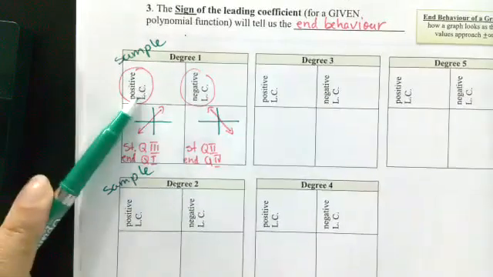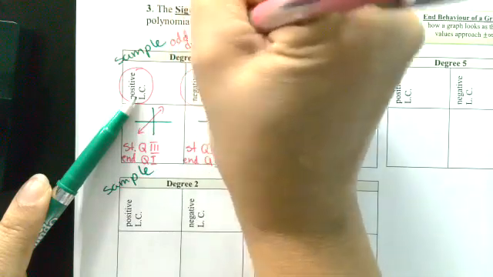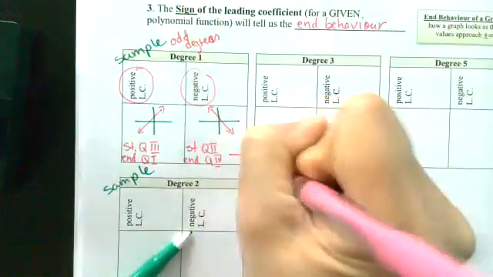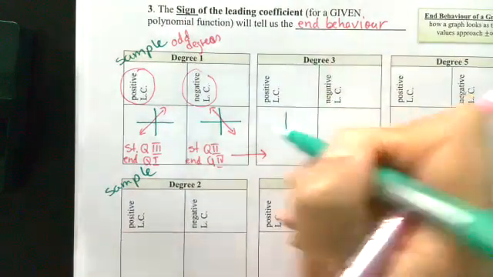Since this is a sample for all of the odd degrees, the same start and end will be for all of the other functions, just the shape is different. And I'll show you in a second how that looks.